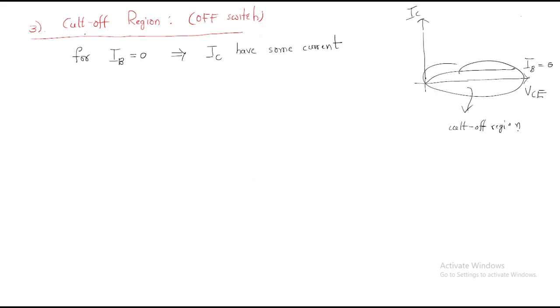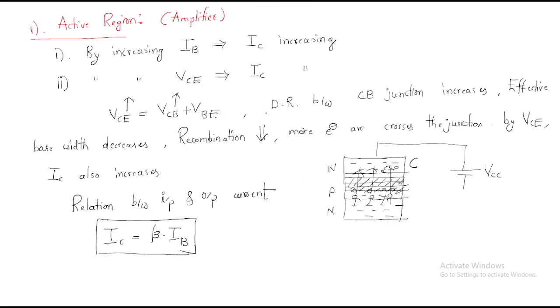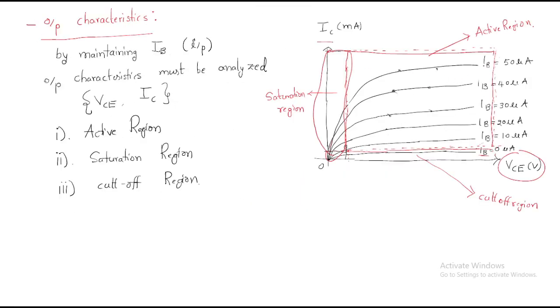The third region is the cutoff region. That means the BJT acts as an off switch. In this region, the base current must be 0. Base current is generally fixed to understand the characteristics. In this position, the curve between output voltage and output current follows like this.